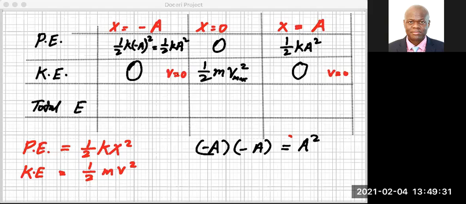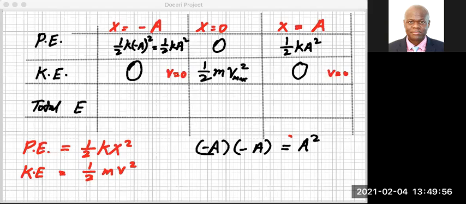Now, anywhere in between one amplitude and equilibrium, there would be a kinetic energy and potential energy, because in between amplitude and equilibrium, you have a displacement and the velocity is not 0 either. So you have two types of energy. But at the extremes, you have only one type.